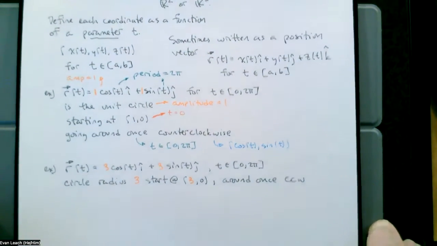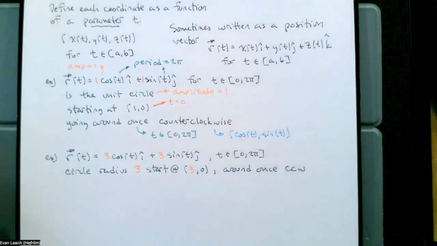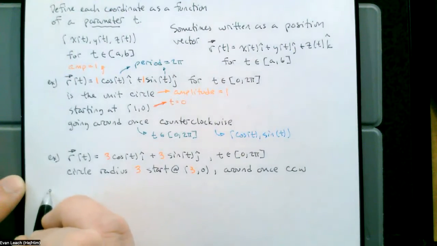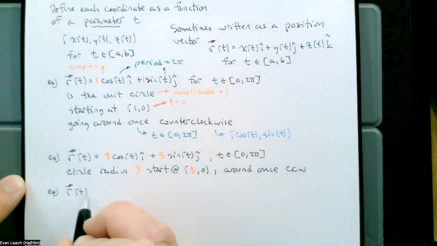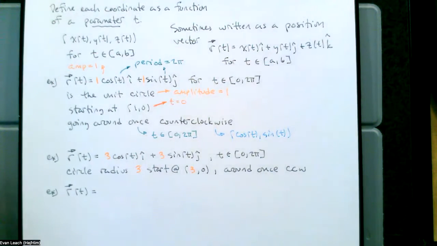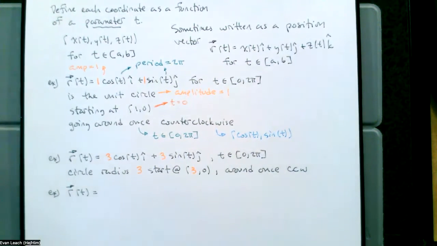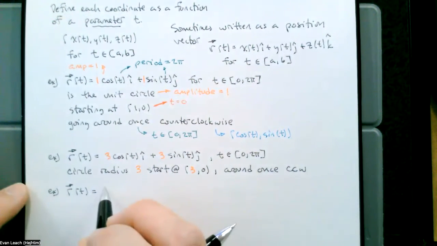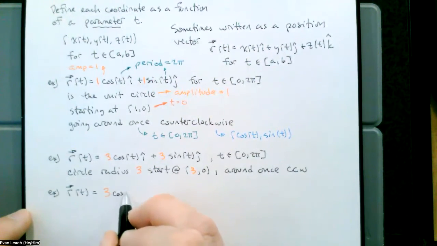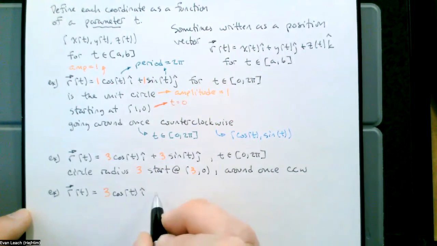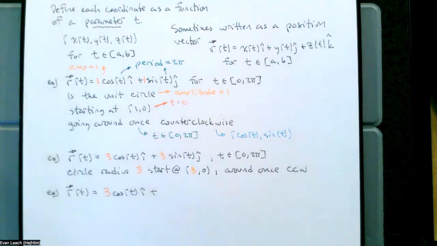If I just change one of the amplitudes, let's say I have a 3 cosine of t, but then I adjust my sine of t coefficient to be 2.